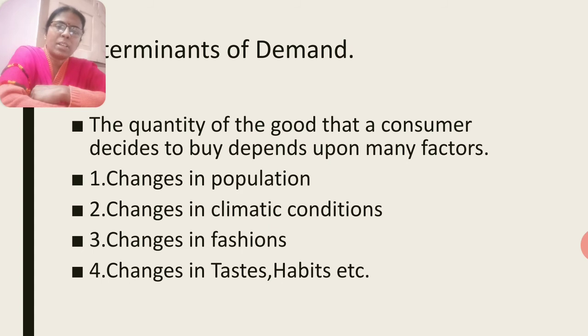Take for example, higher the population, higher will be the demand; lower the population, lower will be the demand. And one more important factor is there: the composition of population also determines the level of demand. Composition of population means what type of people are living in that country. Take for example, India is known as a nation of youths. So there is a greater demand for shoes, bikes, all those interesting things used by youths or the young community.